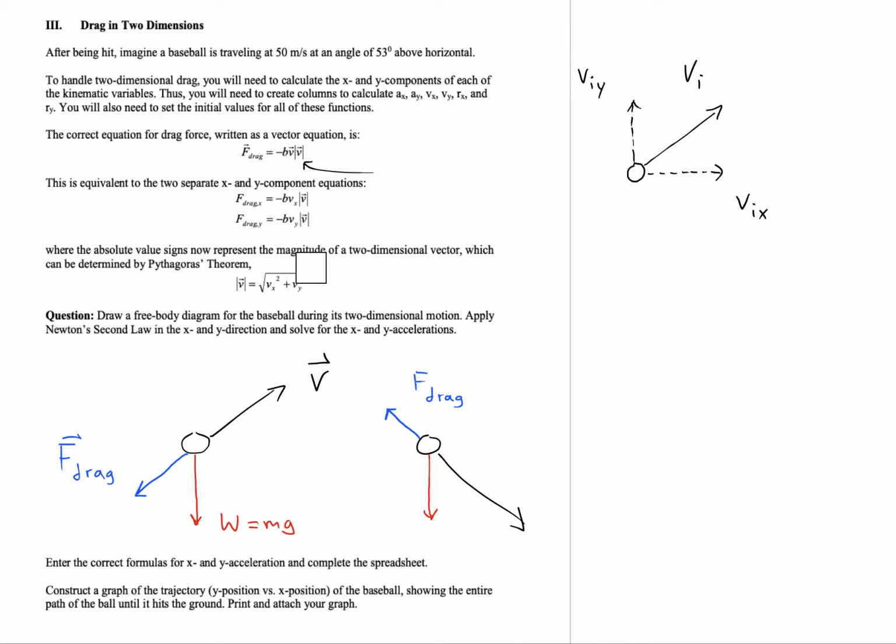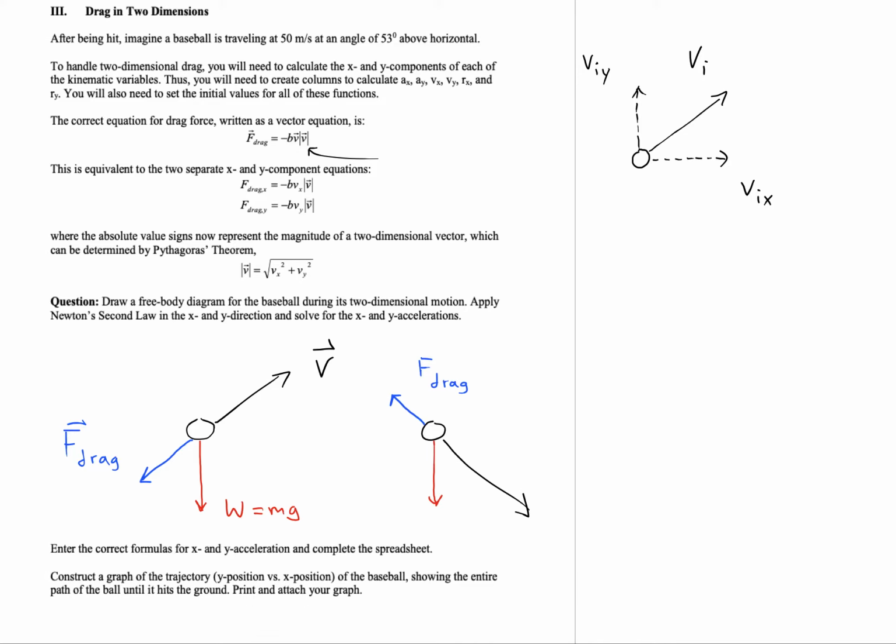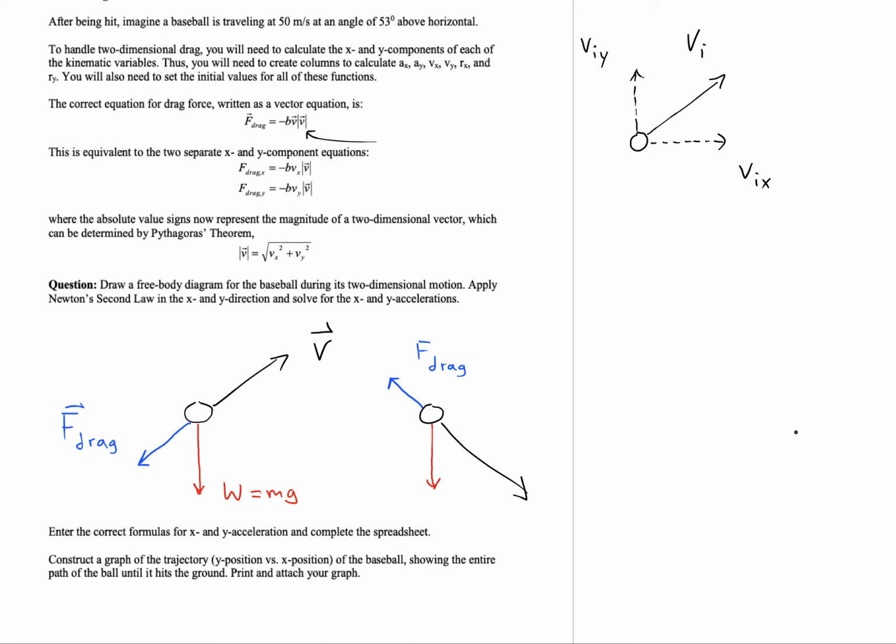All right. So, how do we deal with that in the spreadsheet? It says you could apply Newton's second law in the x and y direction and then solve for the acceleration. So, we'll do f net x equals m times ax.